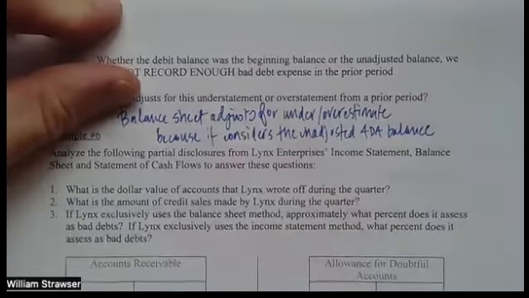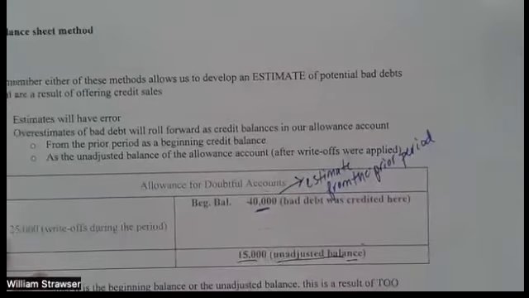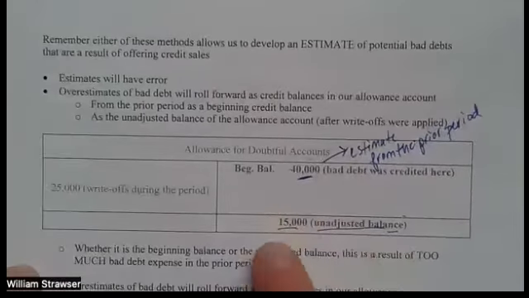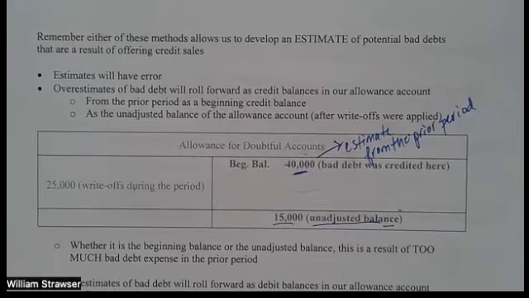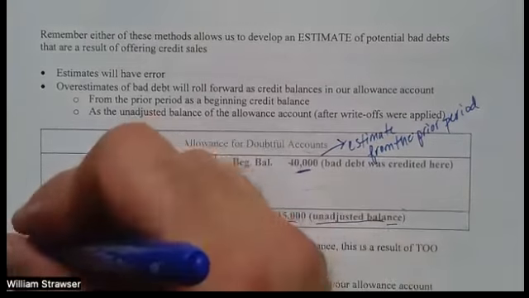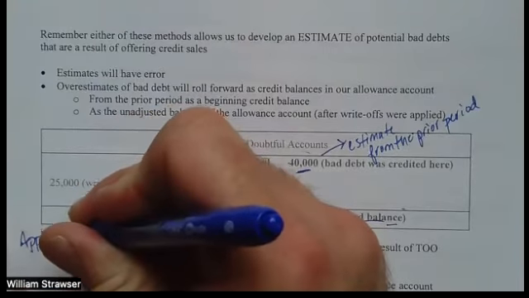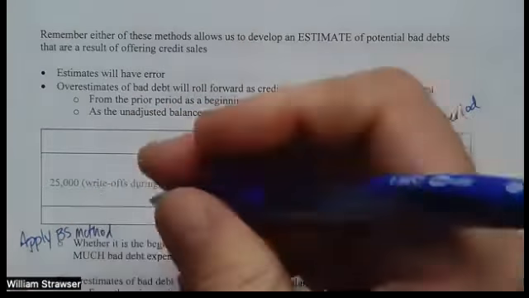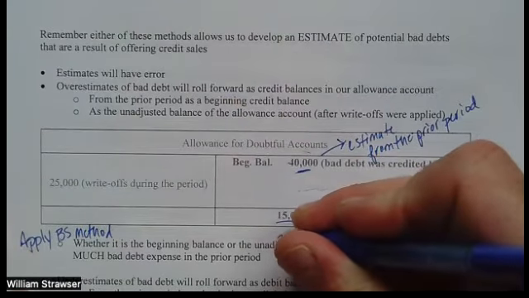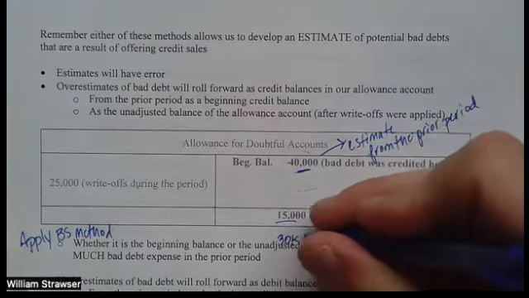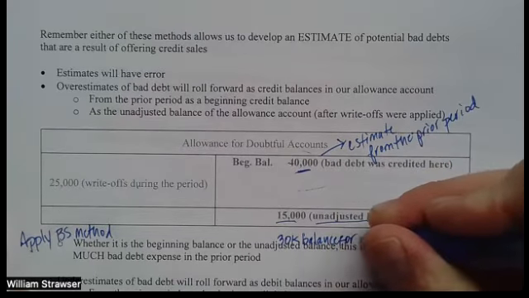So just to give you the numerical proof, right? Here's our overestimate scenario. Let's say that I applied the balance sheet method and I determined that I want a $30,000 balance for ADA.